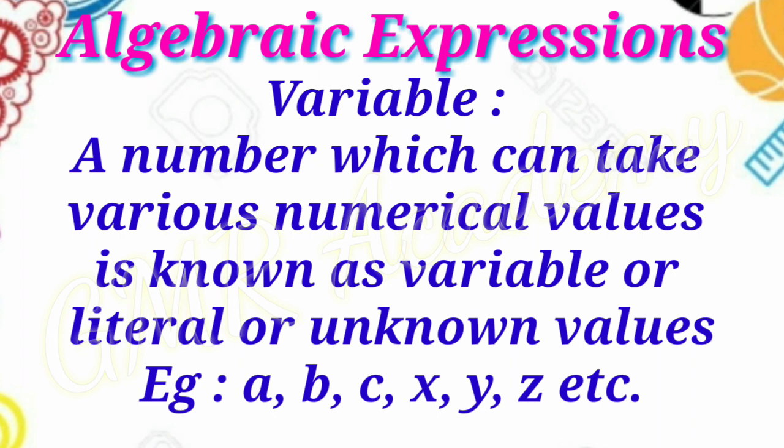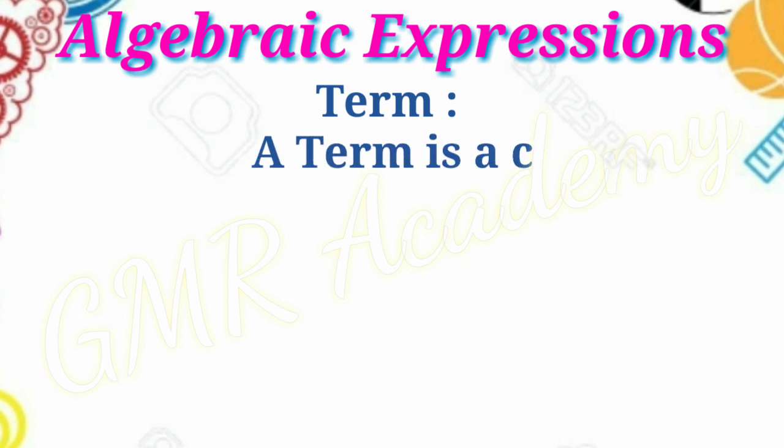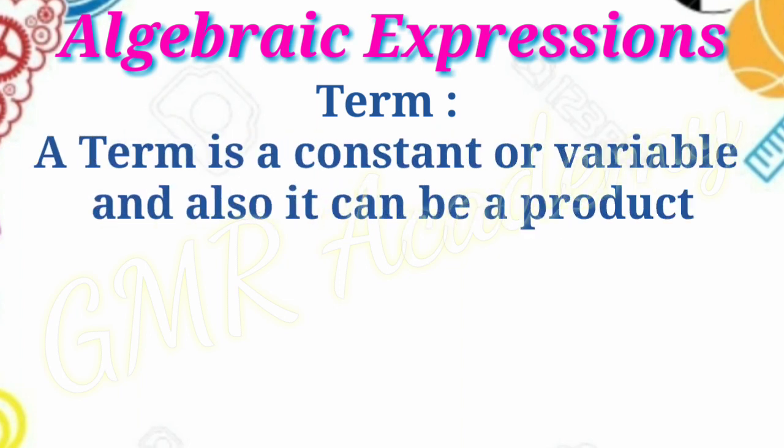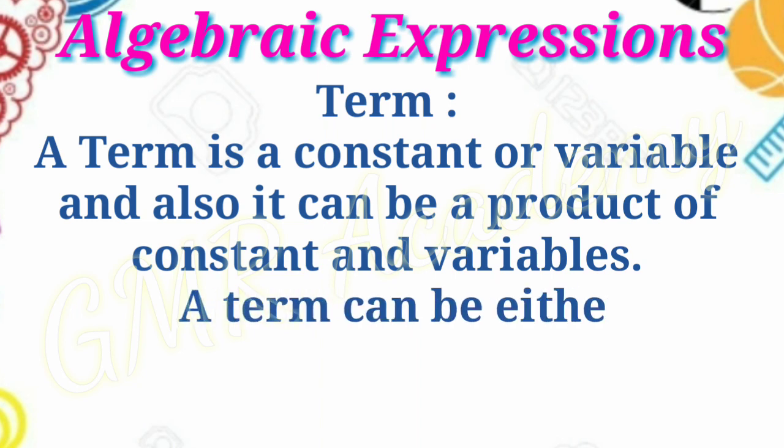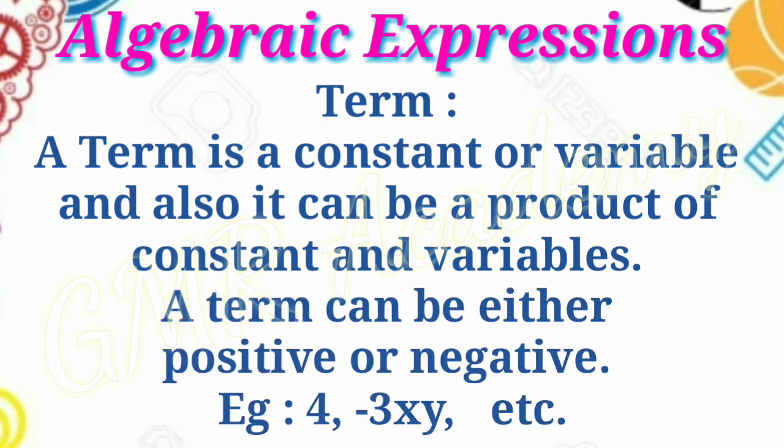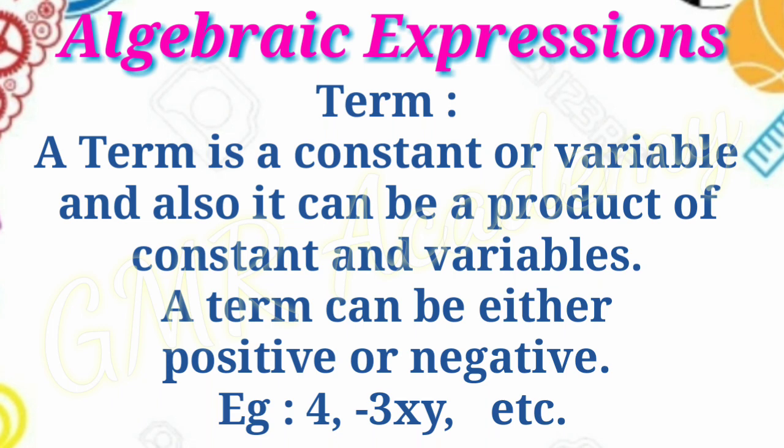For example, a, b, c, x, y, z, etc. Term. A term is a constant or a variable, and it can also be a product of a constant and variables. A term can be either positive or negative. For example, 4, -3xy, etc.